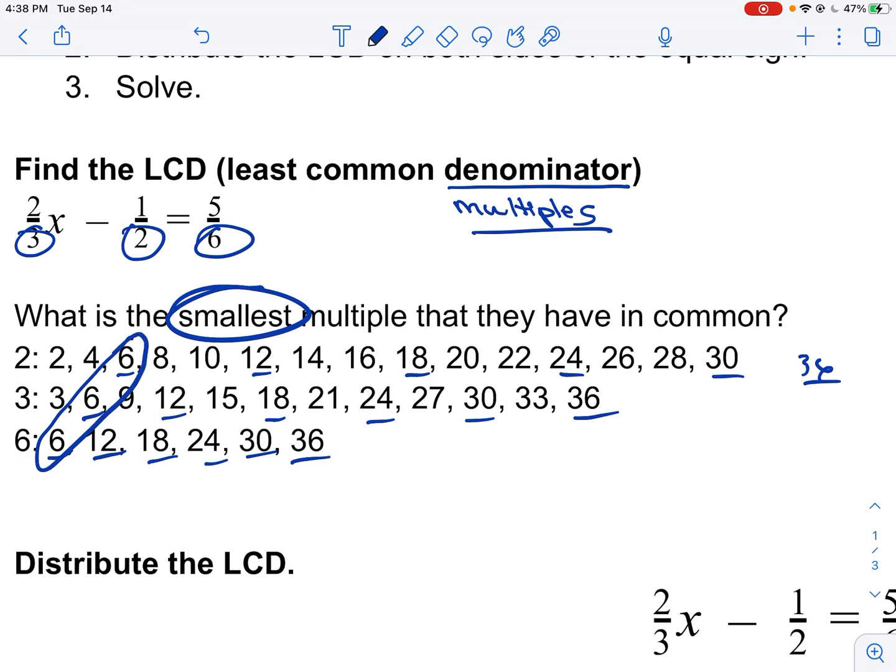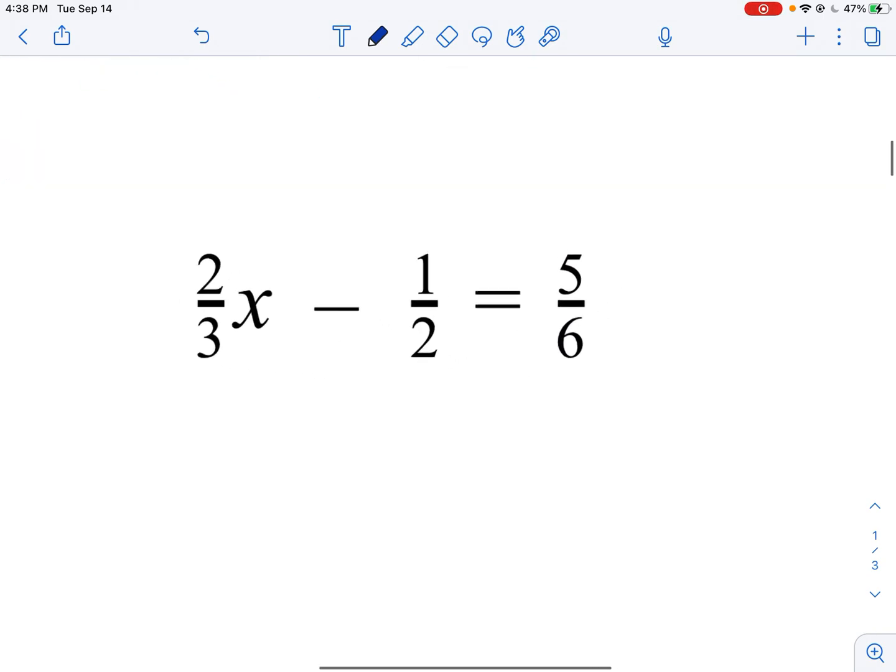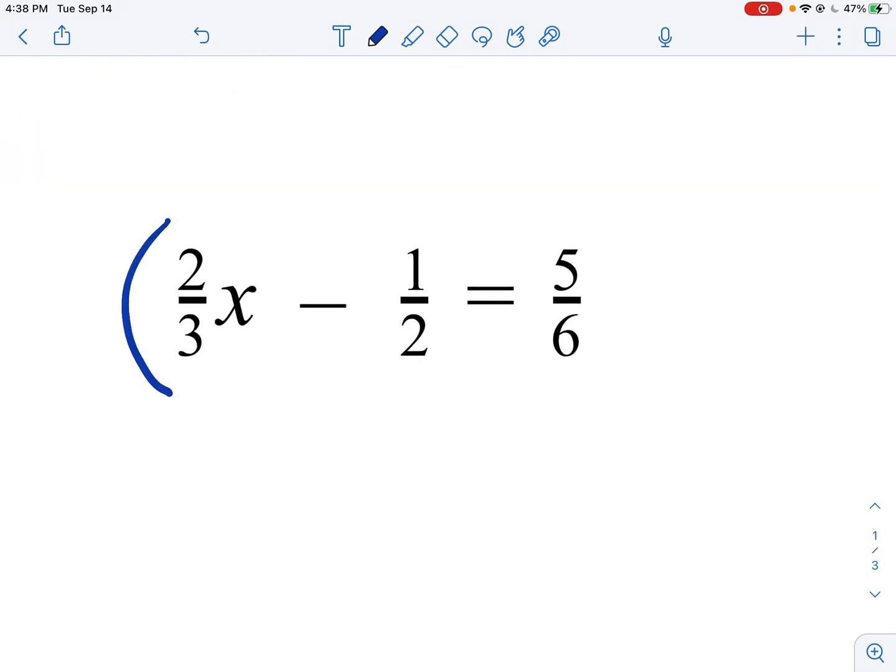Now the next thing it wants us to do is take that 6 and multiply it on both sides of the equal sign. Remember, the multiplication property of equality says that I can multiply on both sides of the equation and it's not going to change the equation.